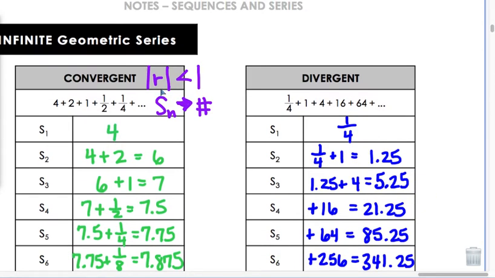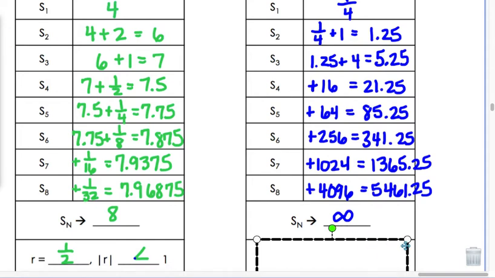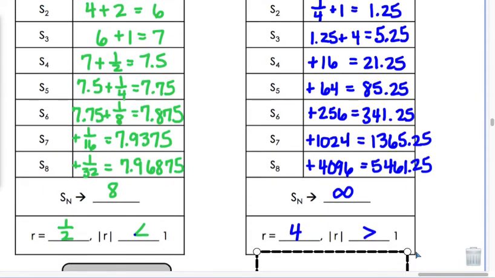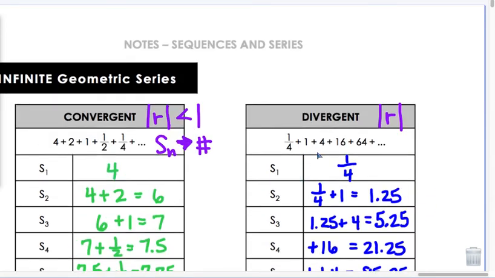So convergent is when that ratio is less than 1 and it goes to some number. And divergent is when the ratio is, let's look at it. The ratio was 4, and you can see that here. 1 divided by 1/4 is 4.